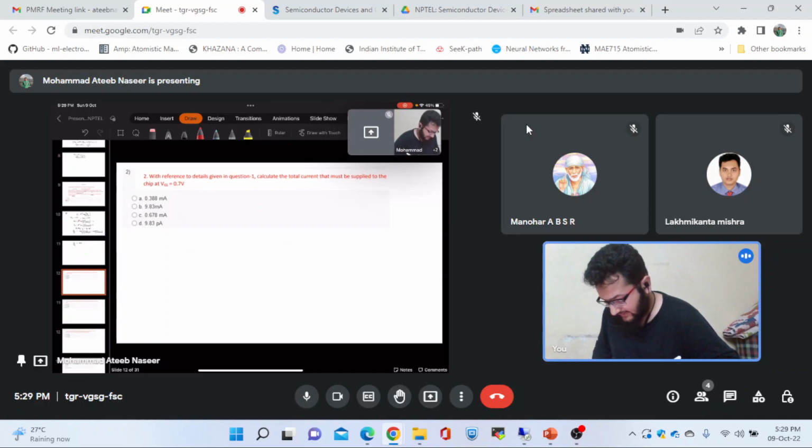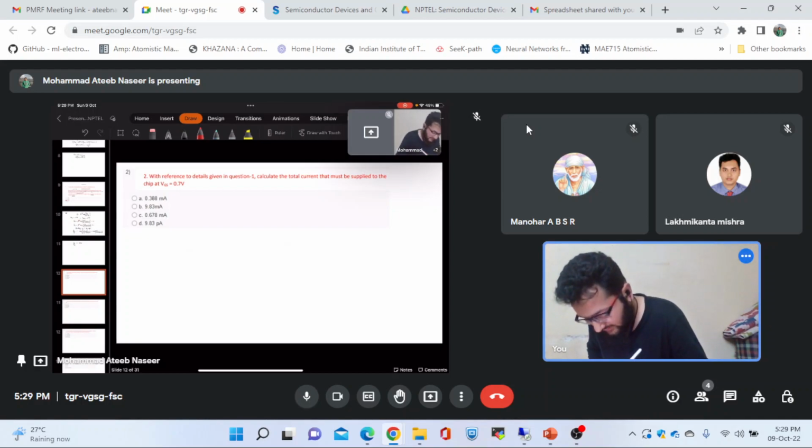Now it says that we have to calculate the total current that must be supplied to the chip at this VGS equal to 0.7 volts. So the solution to this will simply be, we have to find the total current at the gate voltage of 0.7 volts. So let us write down the current expression again.